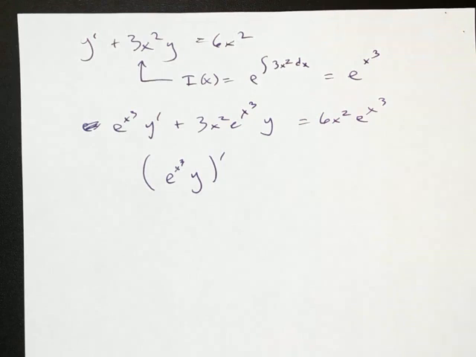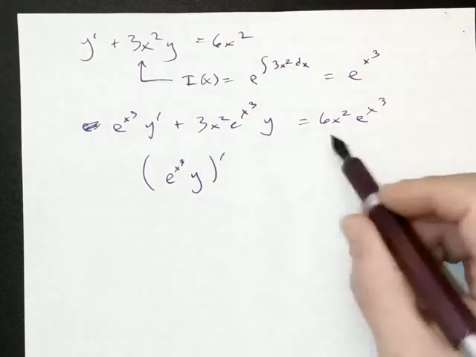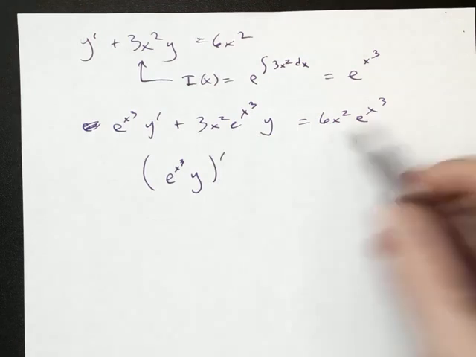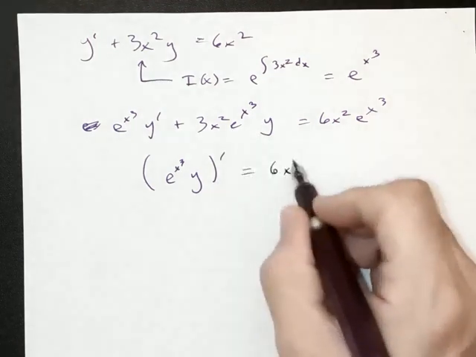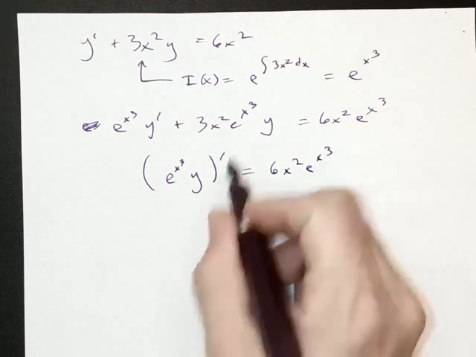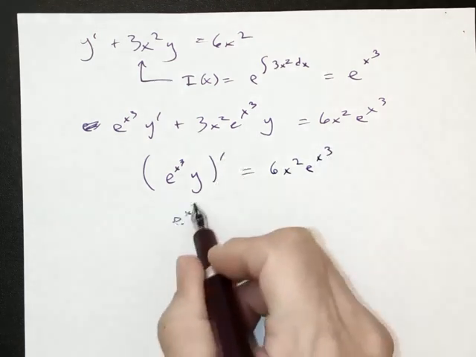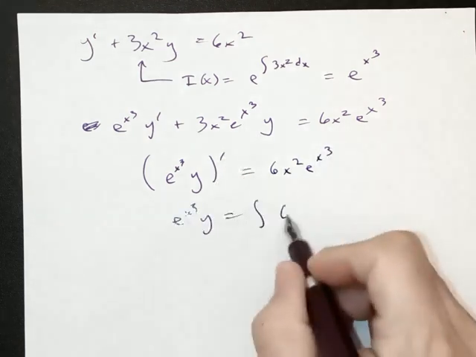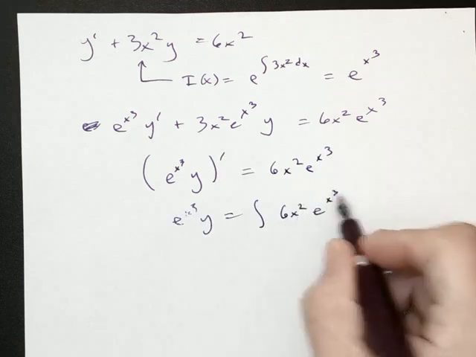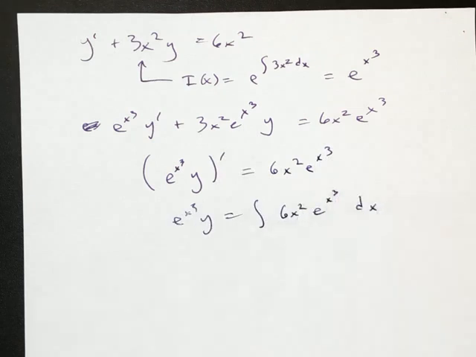But also note, the derivative of x cubed is 3x squared. Over here I have a 6x squared. And in order to get rid of this prime, I need to do the integral of 6x squared e to the x cubed dx. Jacob, now, what do I do?